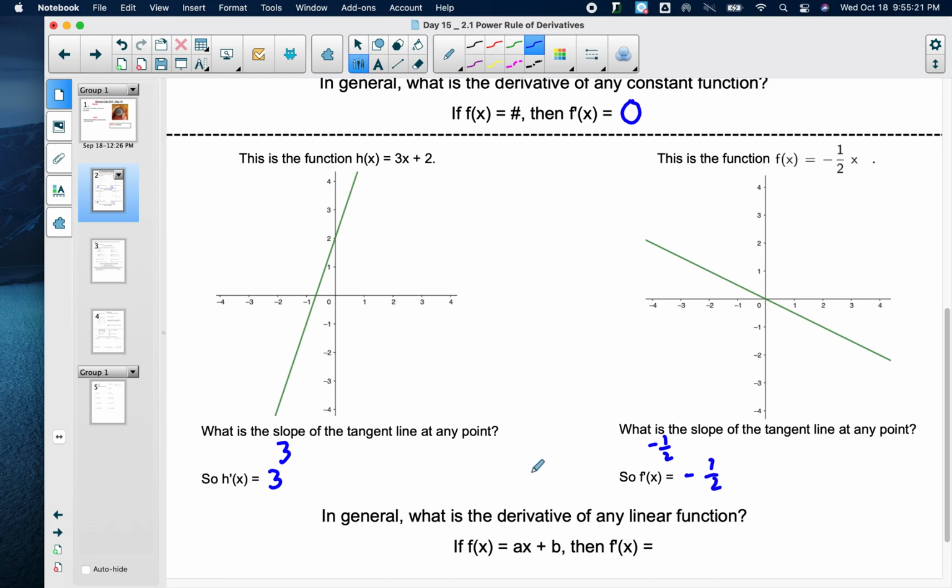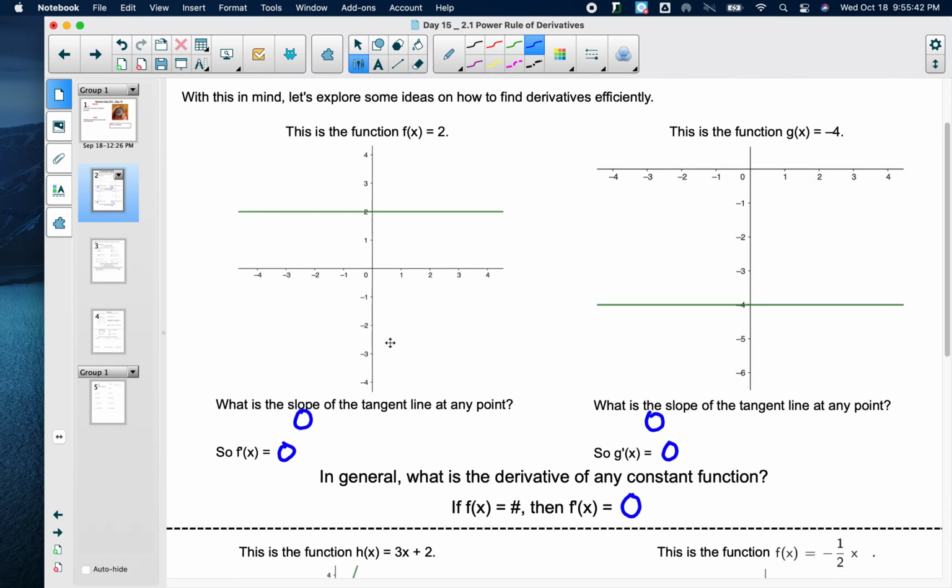In general, what is the derivative of any linear function? If f of x equals ax plus b, f prime of x is just the slope, whatever that a value is. That should make sense. Whatever the slope of the line is, that's the instantaneous rate of change, and it's going to stay the same.